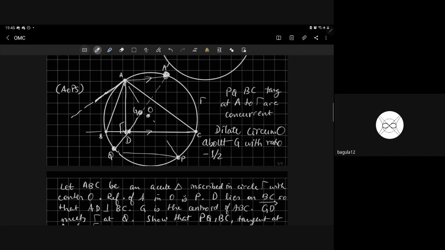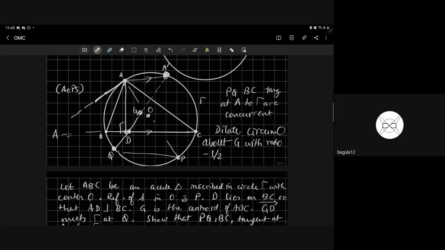What happens? Q maps to D. No, Q doesn't map to D. A prime maps to D, because Q is on ray GD and A prime is not on ray GD. It's the other side, and we are taking a negative ratio. So A prime goes to D, but A goes to what?